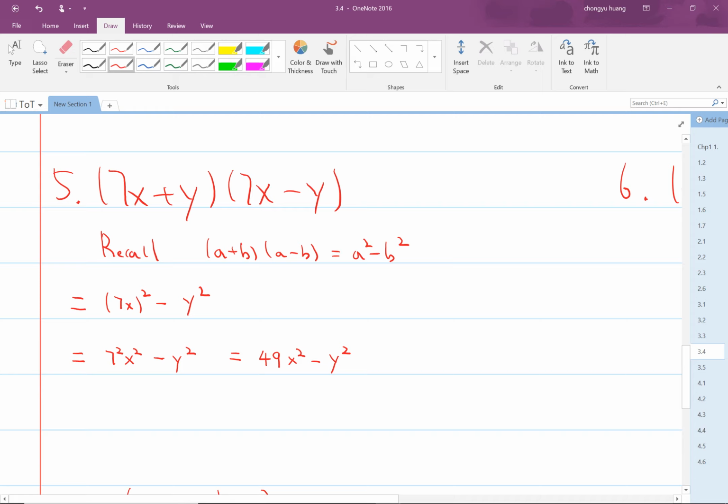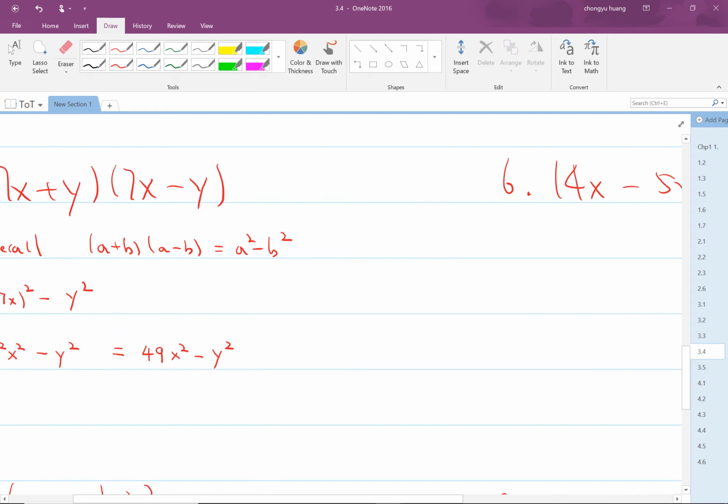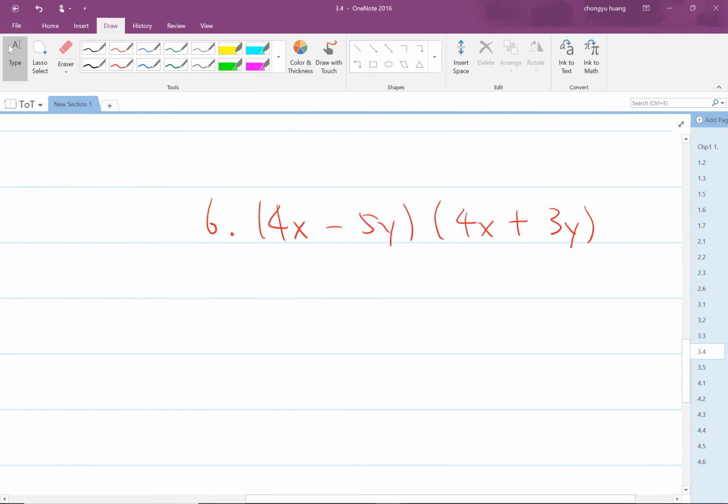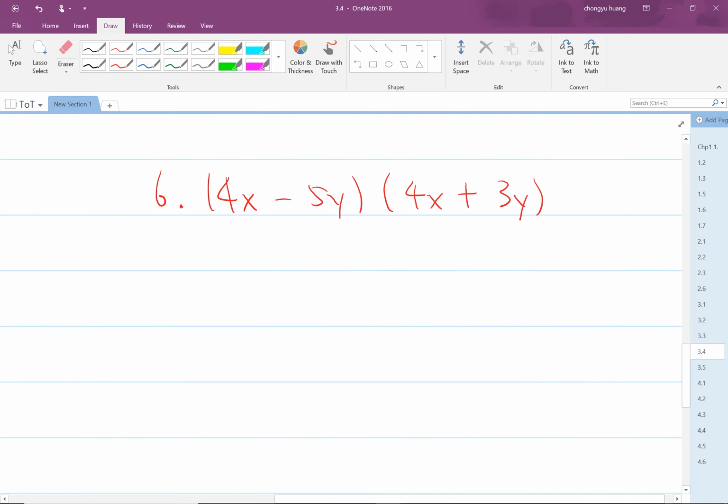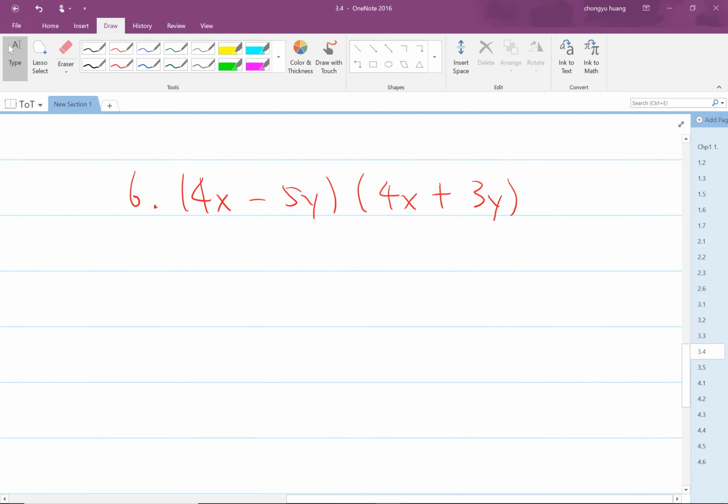Okay, so now let's move into question 6. So when you look at it, right here we are actually not able to use any property, right?